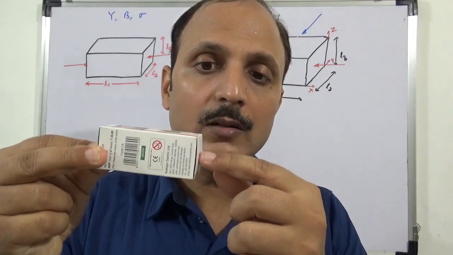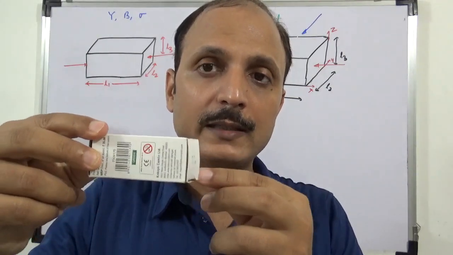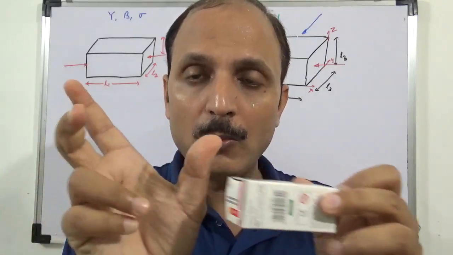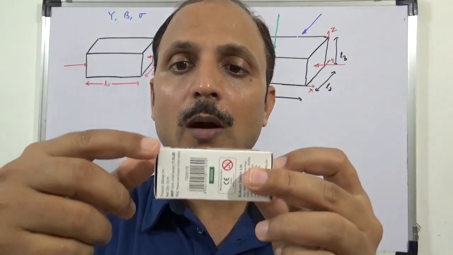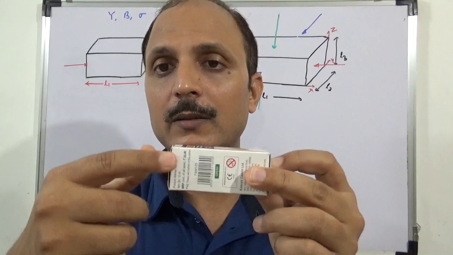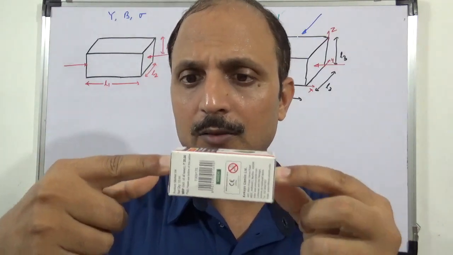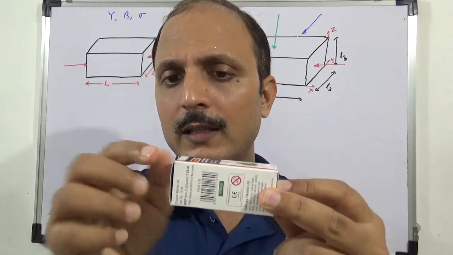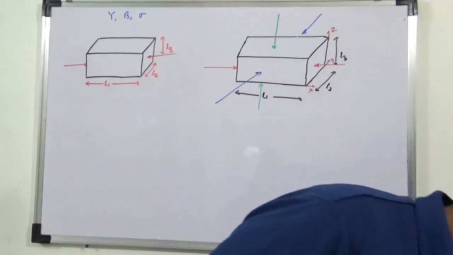The length along X decreases, so the lengths along Y and Z, this length and this length, are going to increase. Remember it. You can visualize this: you apply force, this length decreases, and this length and this length increase.